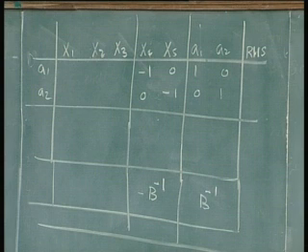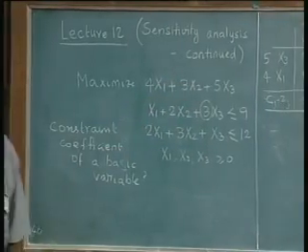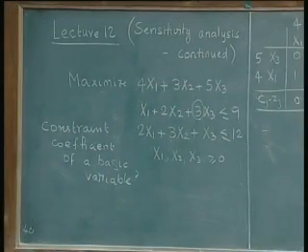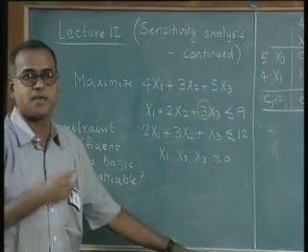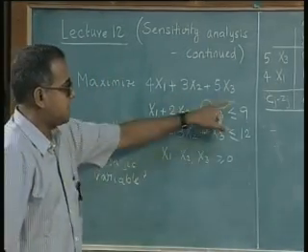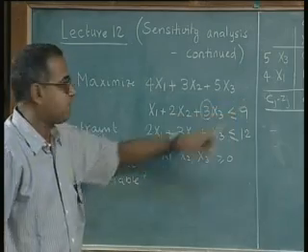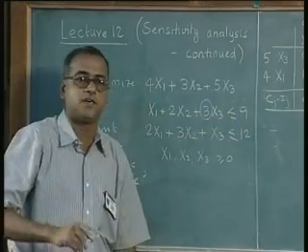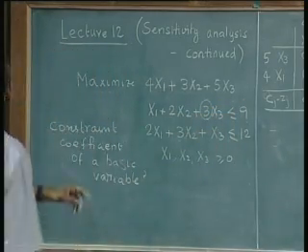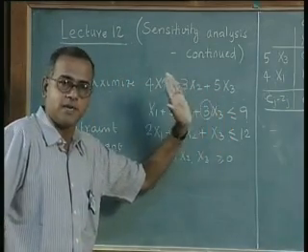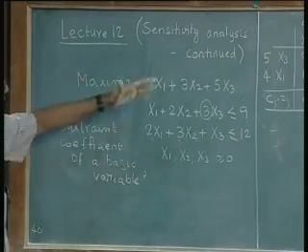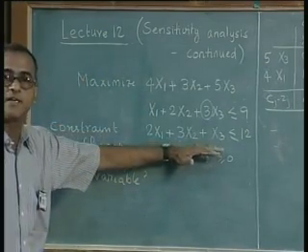So, in summary, we use sensitivity analysis to evaluate changes in the problem. We need not solve the problem all over again if there are changes in the objective function coefficients, both basic variable and non-basic variable, if there are changes in the right hand side, if there is a change in the constraint coefficient of a non-basic variable, if we add a new product, which means we add a new variable into the problem, and if we add a new constraint that is binding.